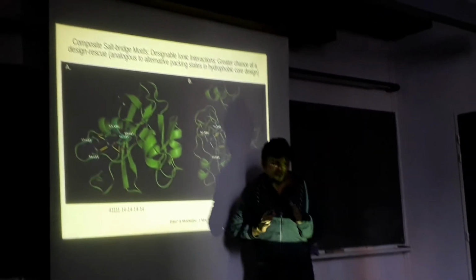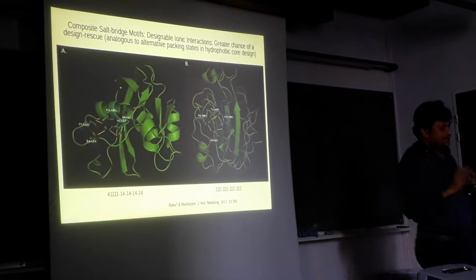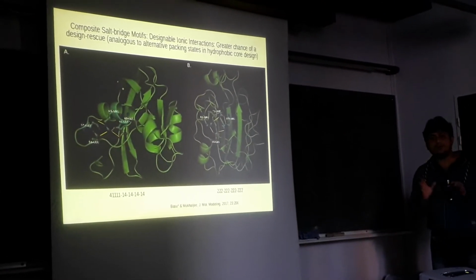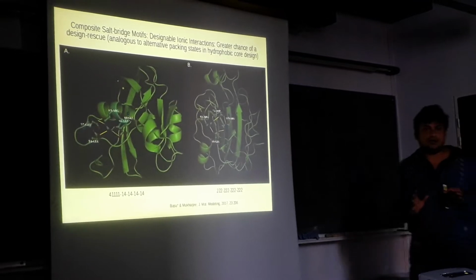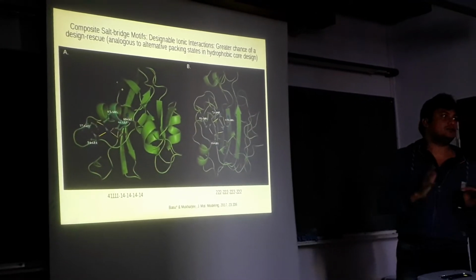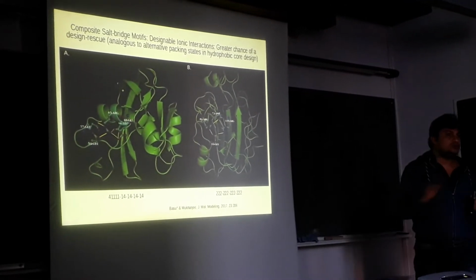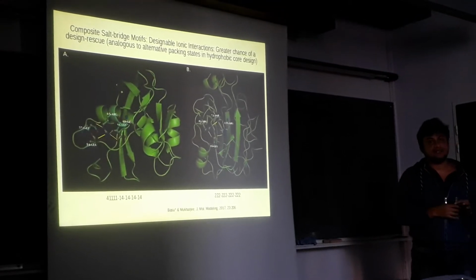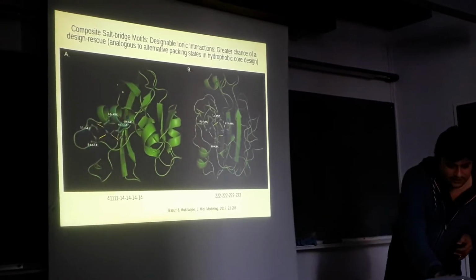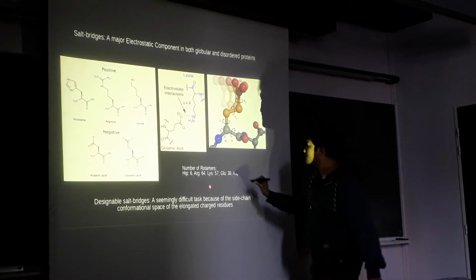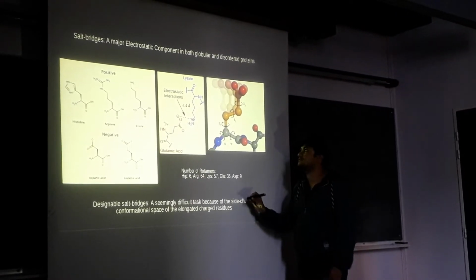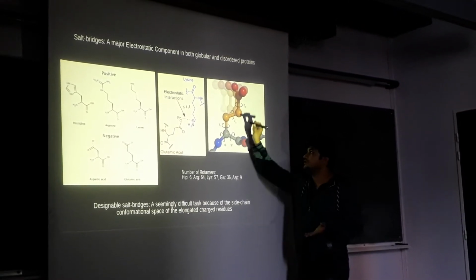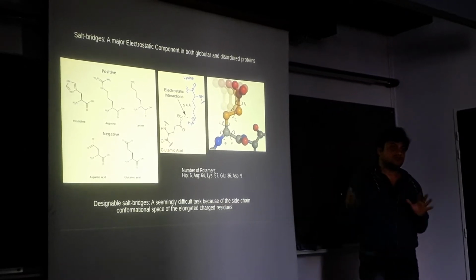This I should actually emphasize a little bit, that people have never found a successful end result of a salt bridge design. There are no such stories in the literature as yet. And why is that? Because one has to deal with an enormous amount of computational complexity with regard to the side chain rotameric space.